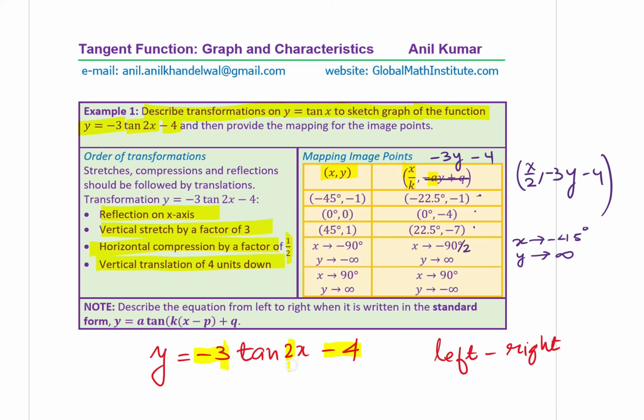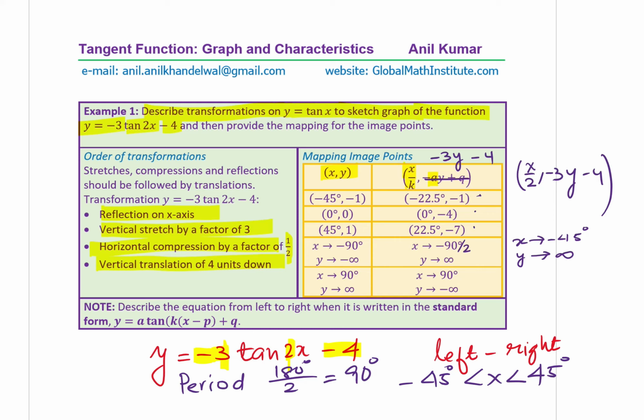So what you notice here is that the period actually decreases. In this particular case, the period will be 180 degrees divided by 2, which is 90 degrees. And therefore, the principal branch of the transformed function will be between minus 45 degrees and positive 45 degrees. You get the idea, correct?